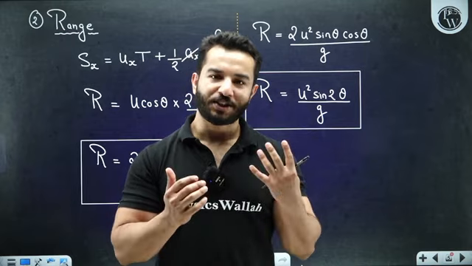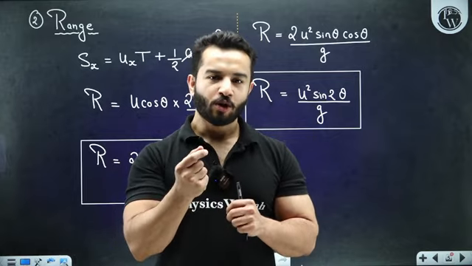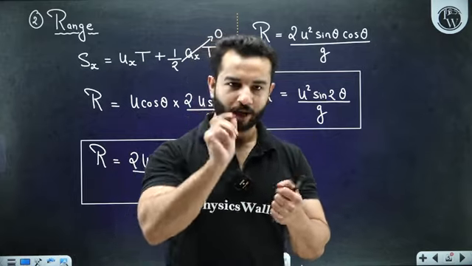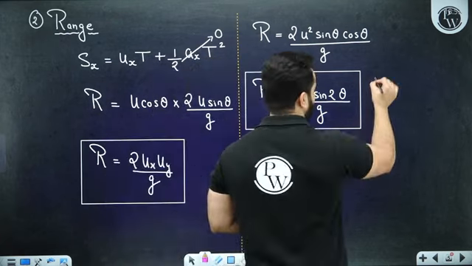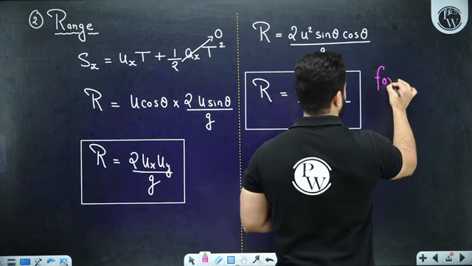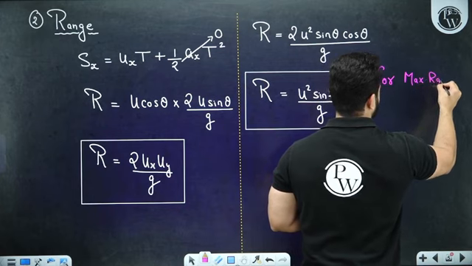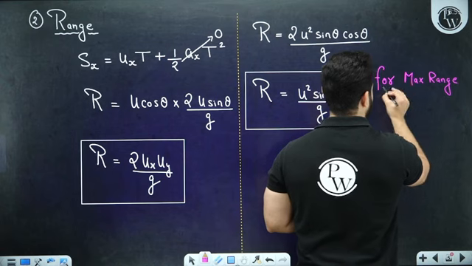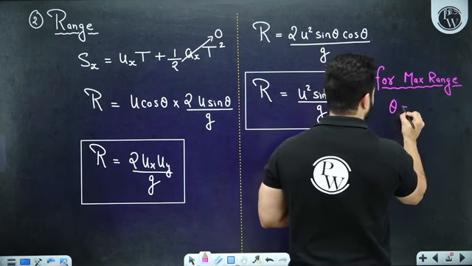The only thing I can change is the angle. So at what angle should I throw so that the range is maximum? Okay, so for the maximum range, theta should be 45 degree.